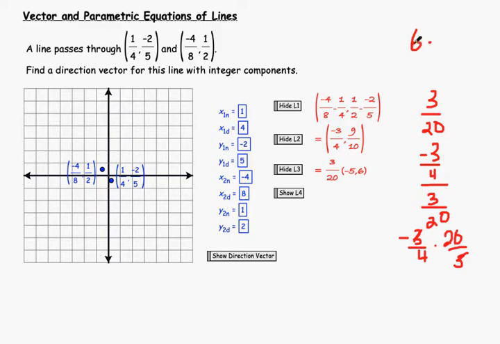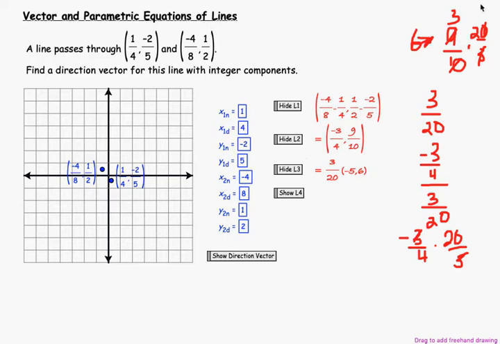Not 6, sorry, that's not what we got there, we got 9/10. I need to take my 9/10 and divide that by 3/20, which is the same thing as multiplying by 20/3. And then we're going to be left with a 2 up here and a 3 there, and that's how I get the 6. Alternately, you can expand to show that that's the case.